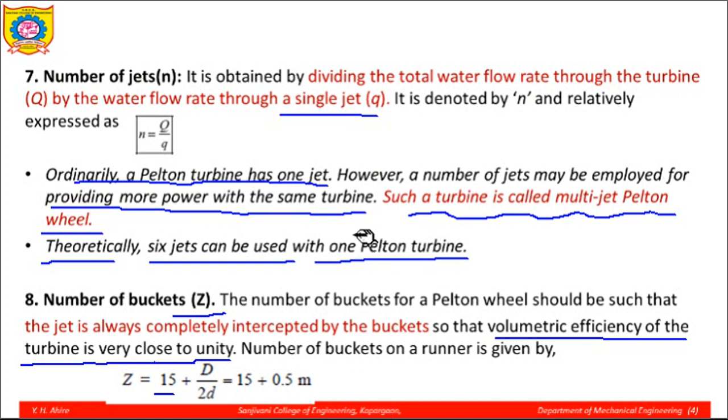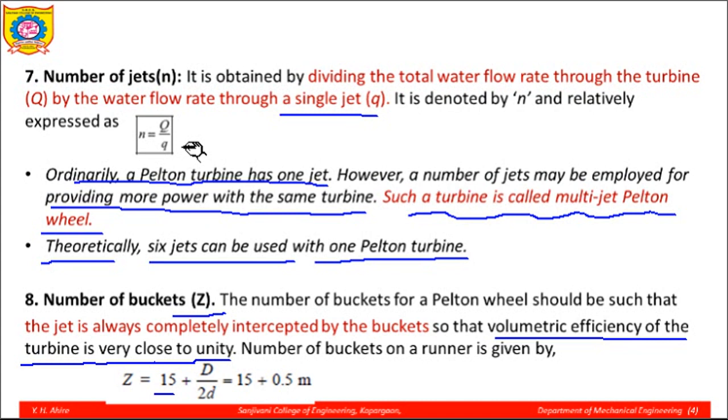So these formulae, 4, 5, 6, 7, 8, are to be referred to while designing a Pelton wheel turbine. In our numericals on this unit number 2, that is impulse water turbines, we generally have numericals for designing a Pelton turbine for a given situation, for given hydroelectric power plant data.